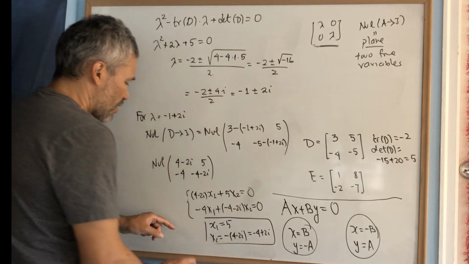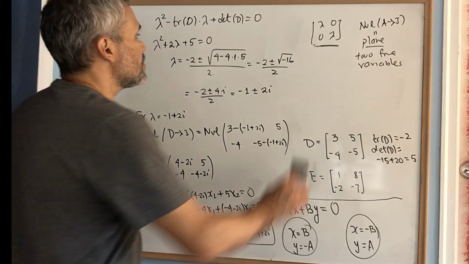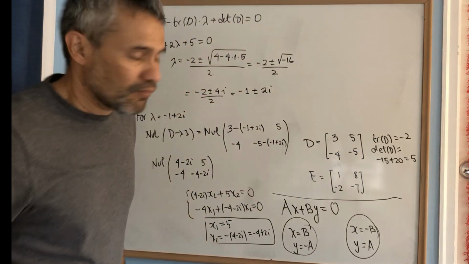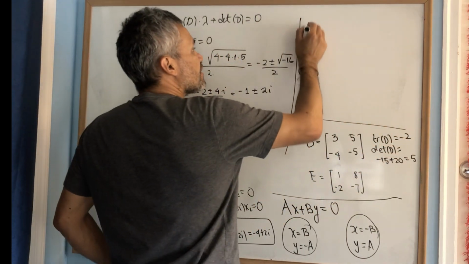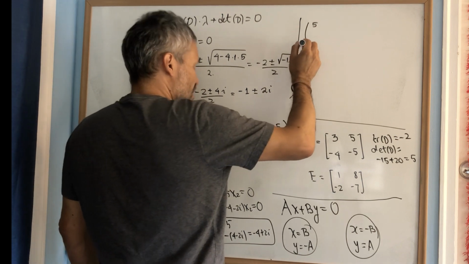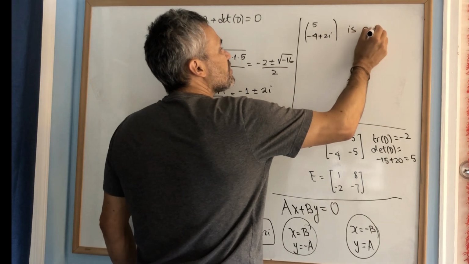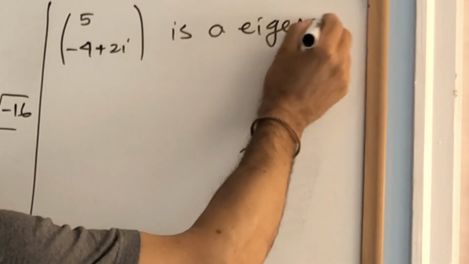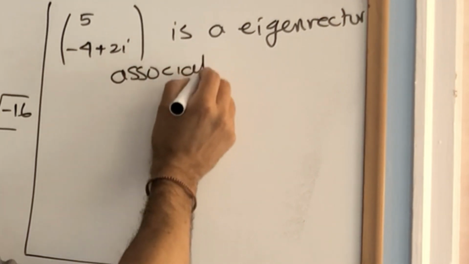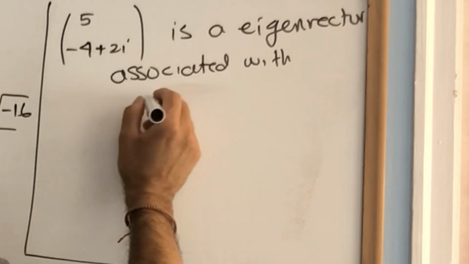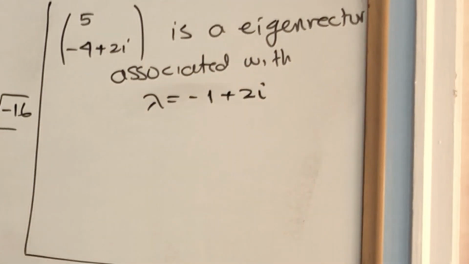We conclude that the vector (5, -4 plus 2i) is an eigenvector associated with the eigenvalue lambda equal -1 plus 2i.